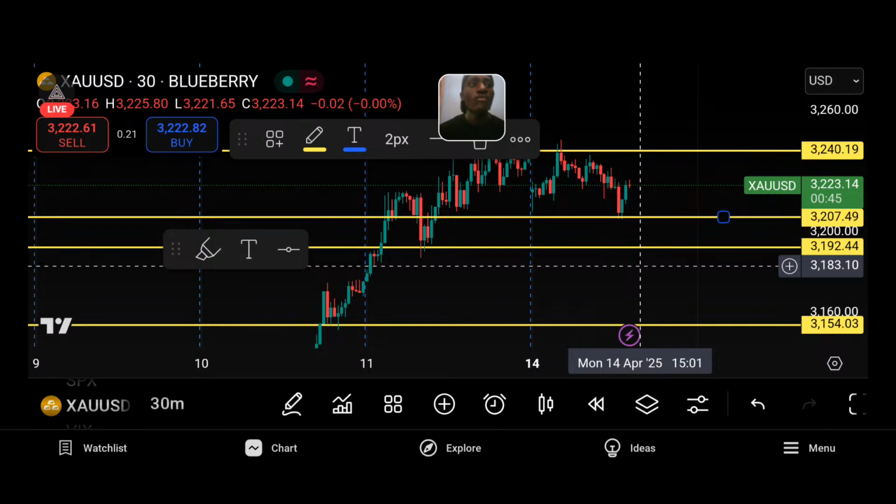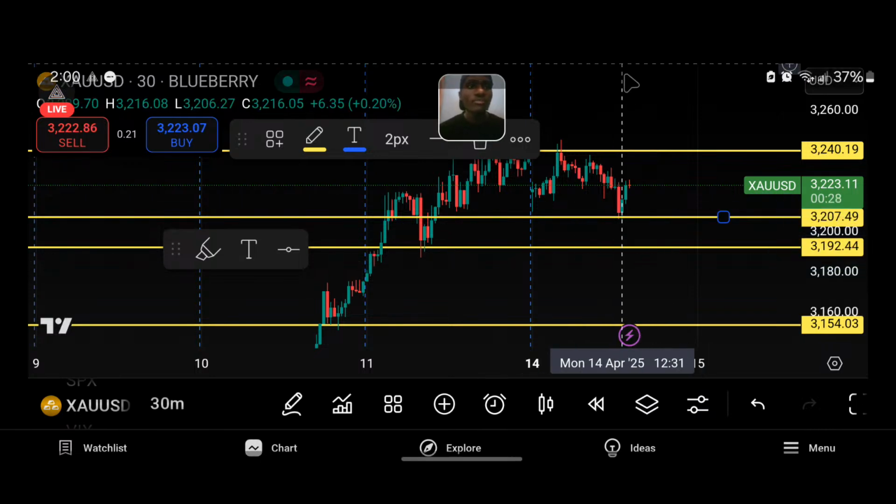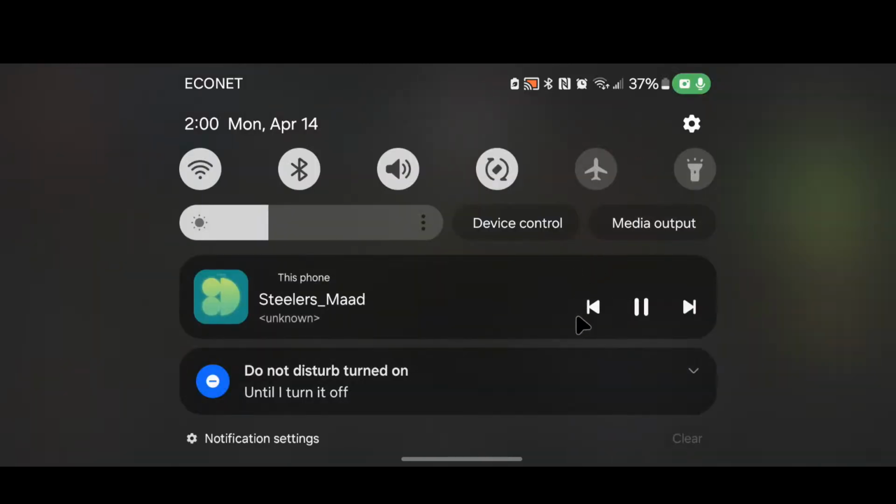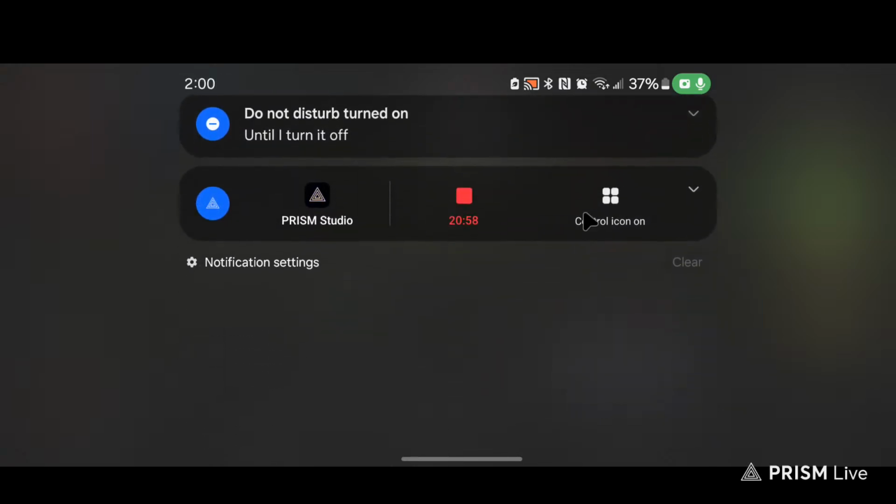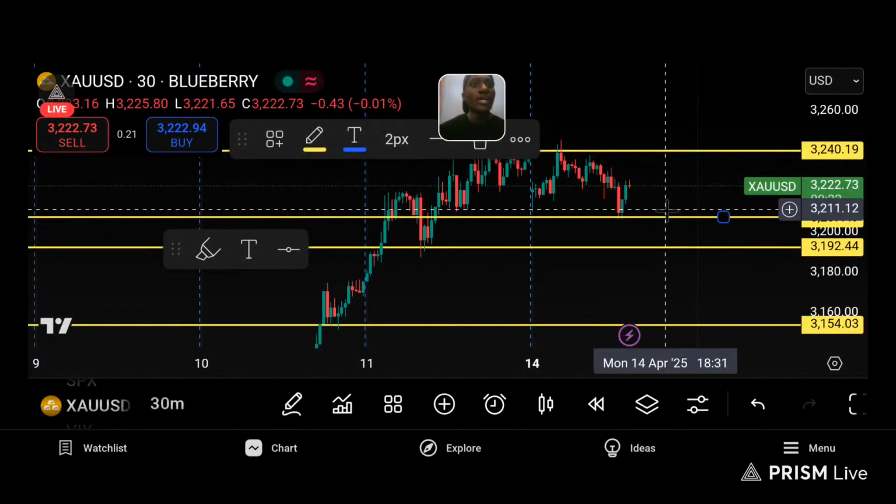What brings volume into the market? First, there is the New York Open candle. Then second, there is COMEX Open, which is in about 20 minutes.